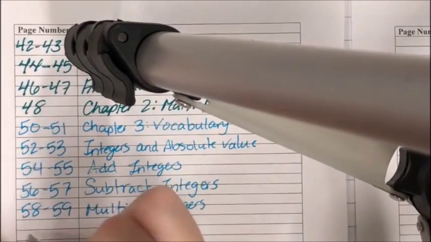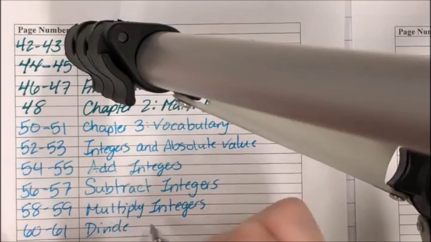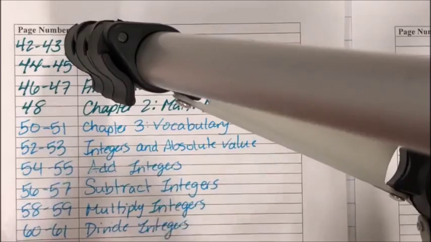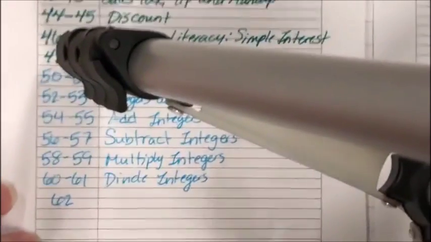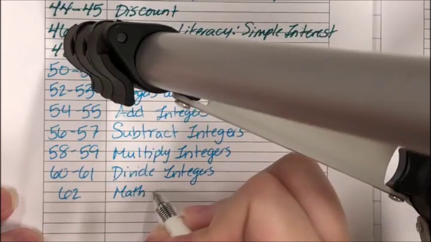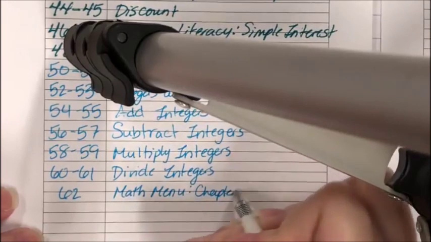On page 60 through 61 was divide integers. And on page 62 was your math menu, chapter 3.